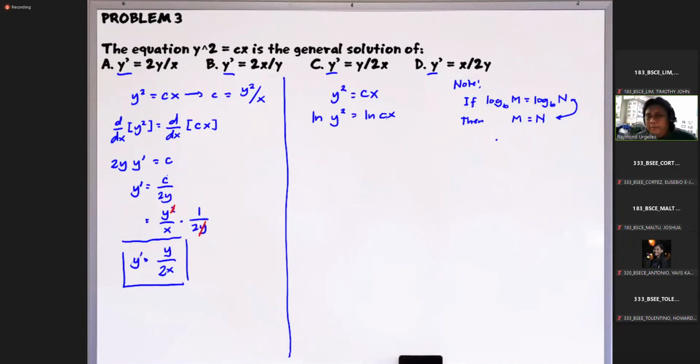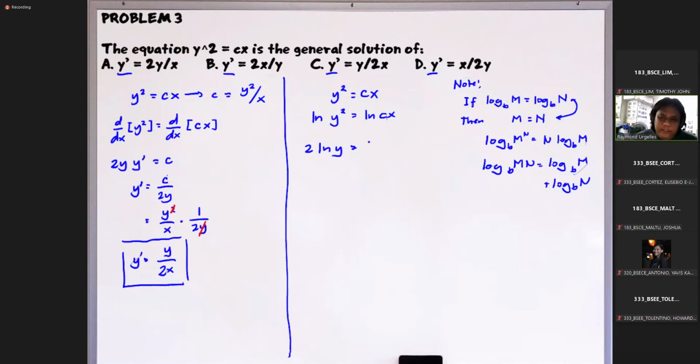Furthermore, the logarithm of m to the n base b is simply equal to n times the logarithm of m base b. We used this in differential calculus, so the exponent can be brought out. So we have 2 ln y. We also have the property that the logarithm of m times n base b is the sum of the logarithm of m base b and the logarithm of n base b.